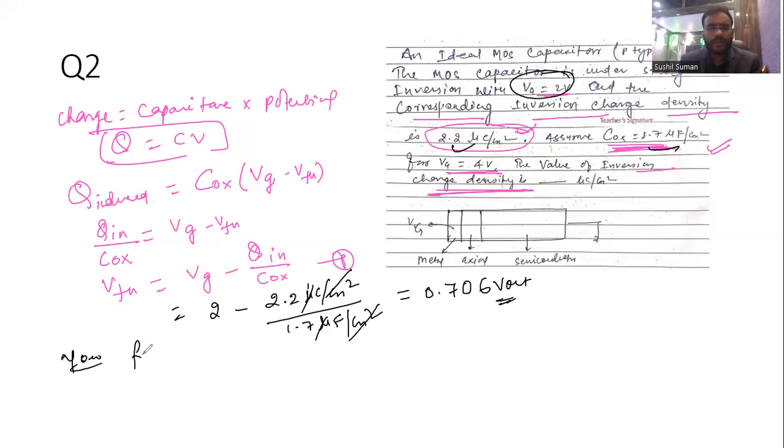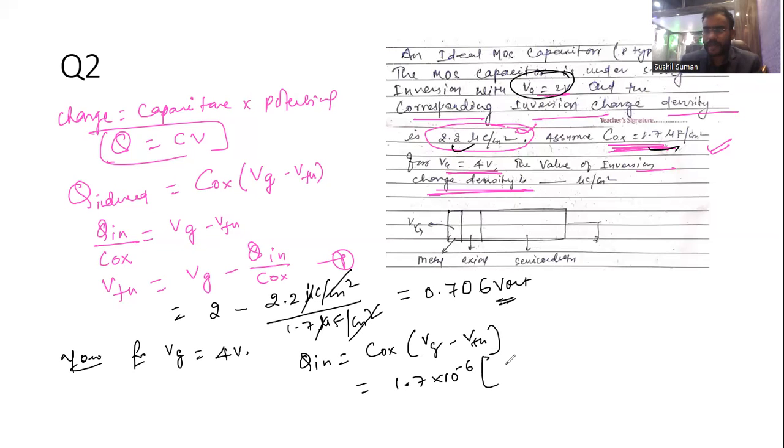Now for Vg equal to 4 volt. If you put Vg equal to 4 volt, then Q induced is C oxide into Vg minus Vth. So this becomes 1.7 microfarad, that is 1.7 into 10 raised to power minus 6, into 4 minus Vth, where Vth is 0.706.